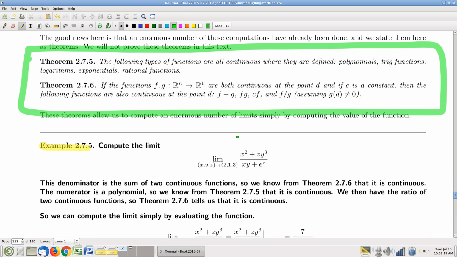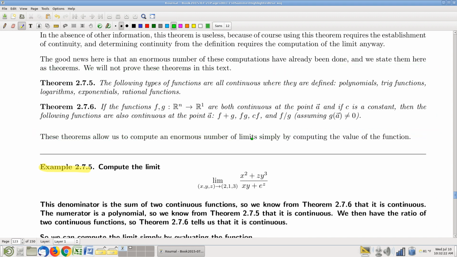And let's look at this example here. Let's go through the theorems. All polynomials are continuous. All of them. Cite at your leisure. Trig functions are continuous where they are defined. Now, that's a big stipulation. I mean, y'all know, right, that tangent has a dramatic discontinuity in it.